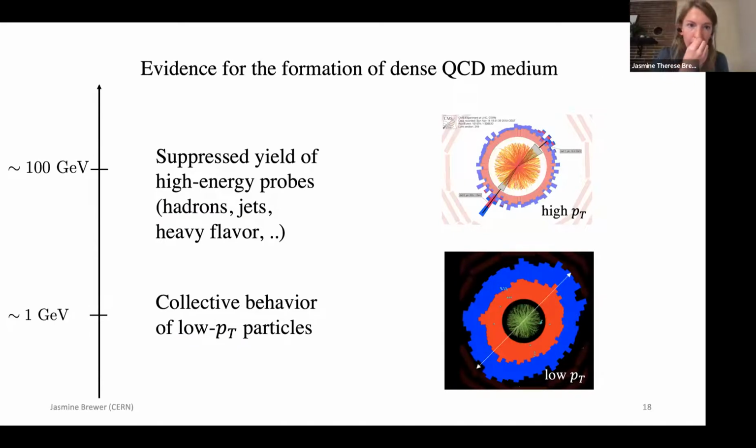So there are a couple of what I would consider crucial pieces of evidence which people consider when they talk about the formation of the quark-gluon plasma in heavy ion collisions.